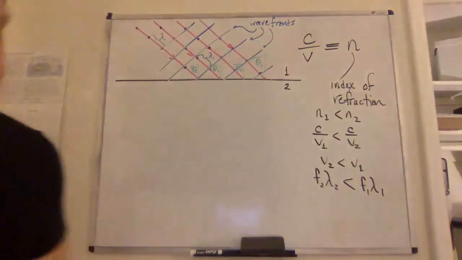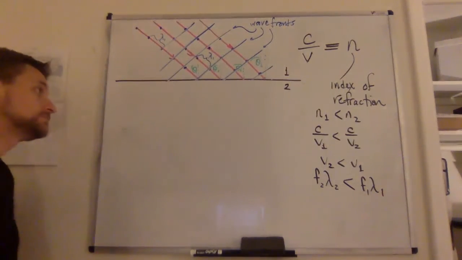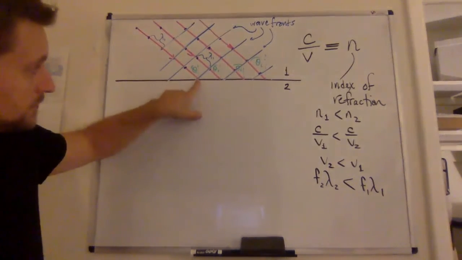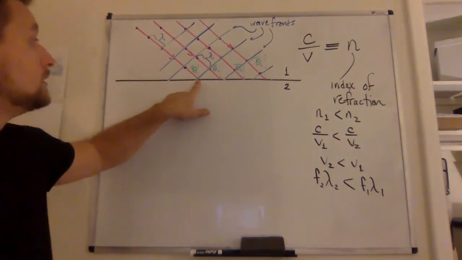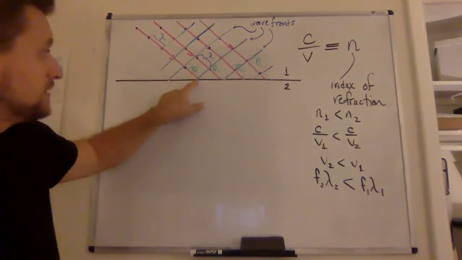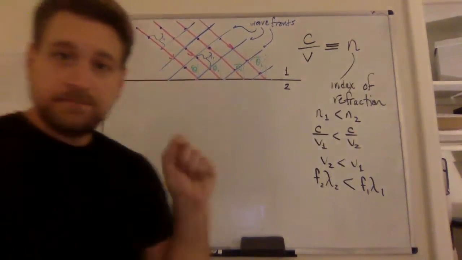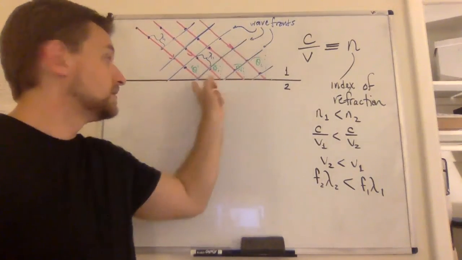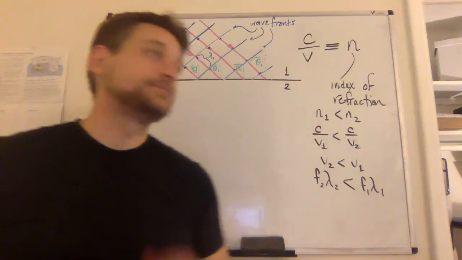Now, this point here, right at the boundary, this wavefront is saying, hey, right there, be a maximum. Because that's what the wavefront says. You got a crest right there.